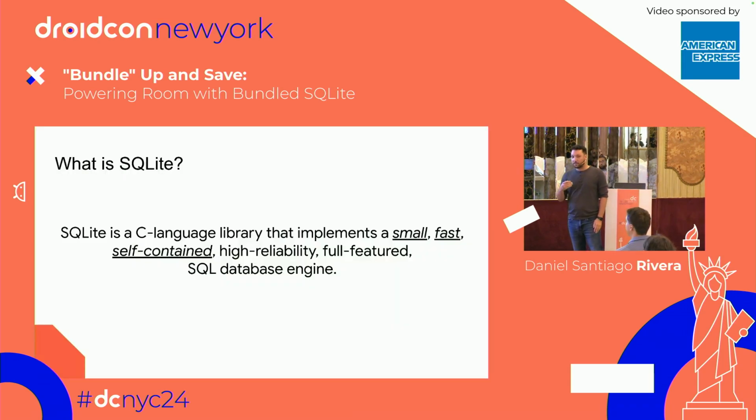And then if we keep going down that dependency tree, we have SQLite itself, which is worth defining because a lot of people just take the name as is, mainly because when you use SQLite, you're using either Room or maybe the Android APIs, and you don't really interact with the actual SQLite.